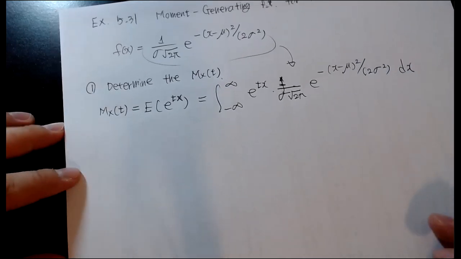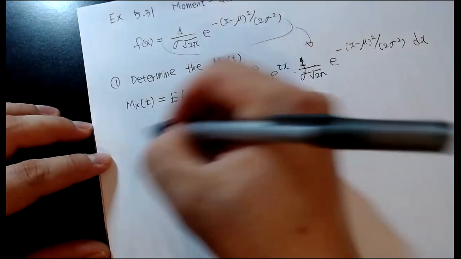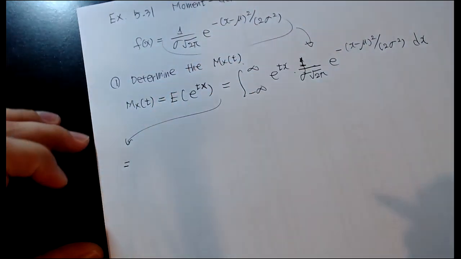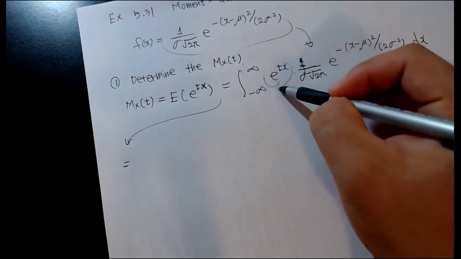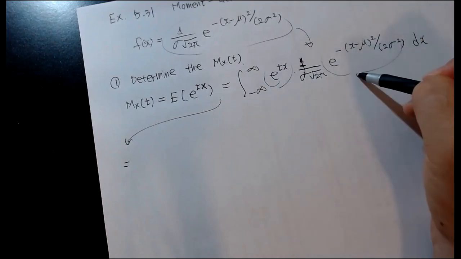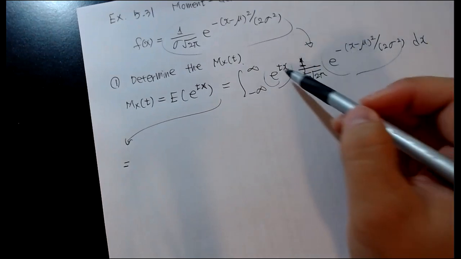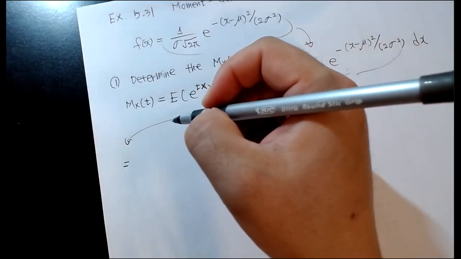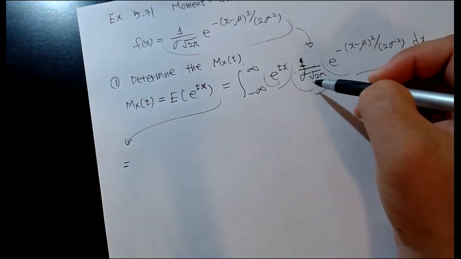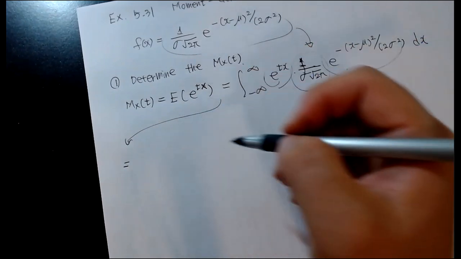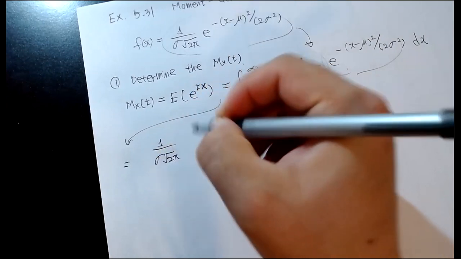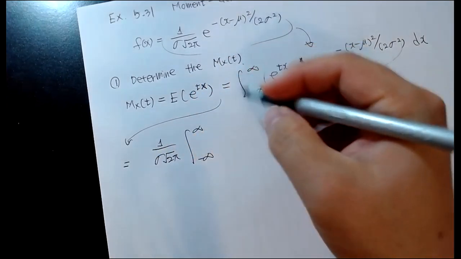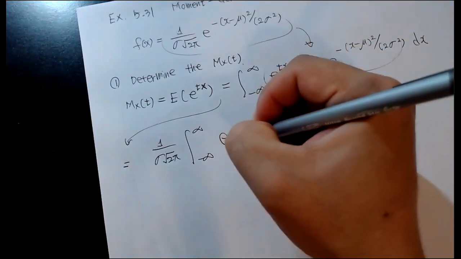Let's evaluate that integral. First, I want to combine that exponential with this exponential. Let me take 1 over sigma square root 2 pi out of the integral.